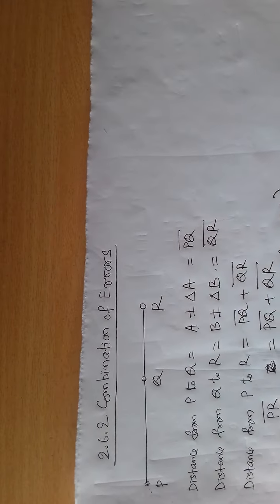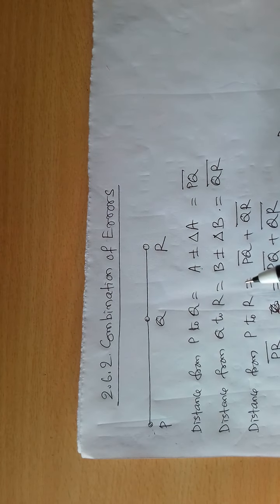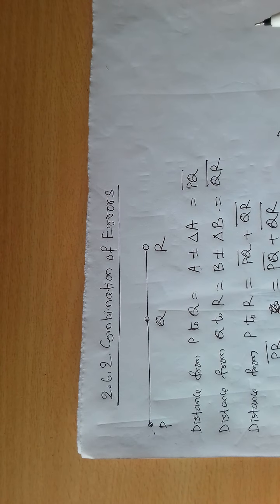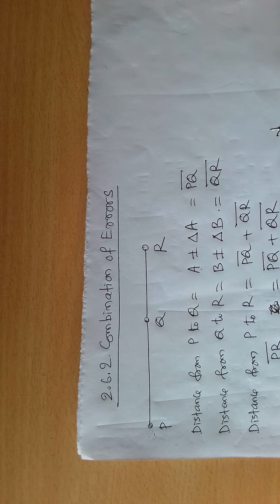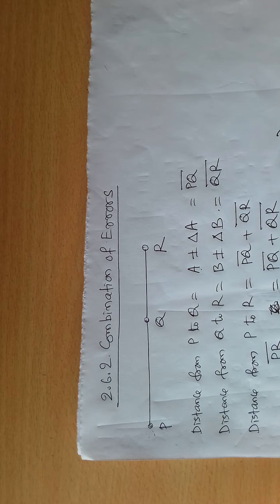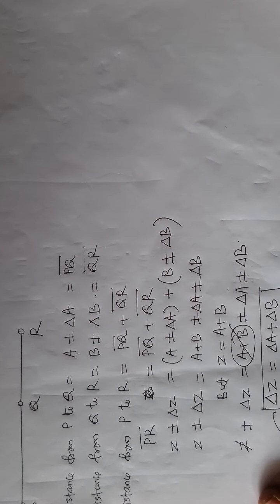See, you are calculating the distance from P to Q in meters, but with 1 centimeter error, and you measured the distance from Q to R in meters, but you committed 1 centimeter error, and while measuring distance from P to R, if you consider minus sign, 1 centimeter minus 1 centimeter becomes 0.